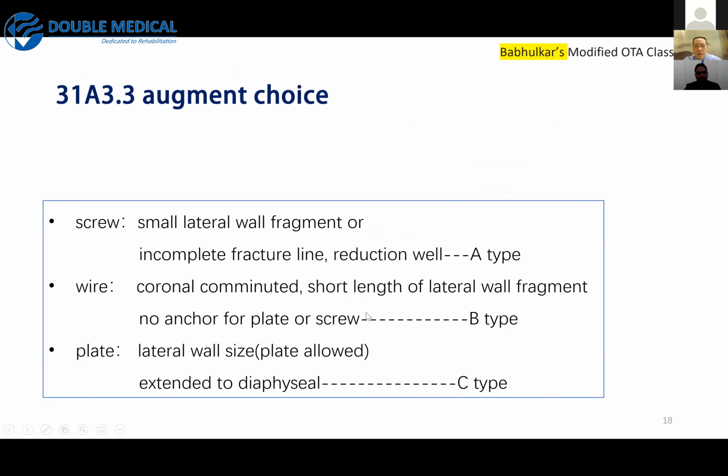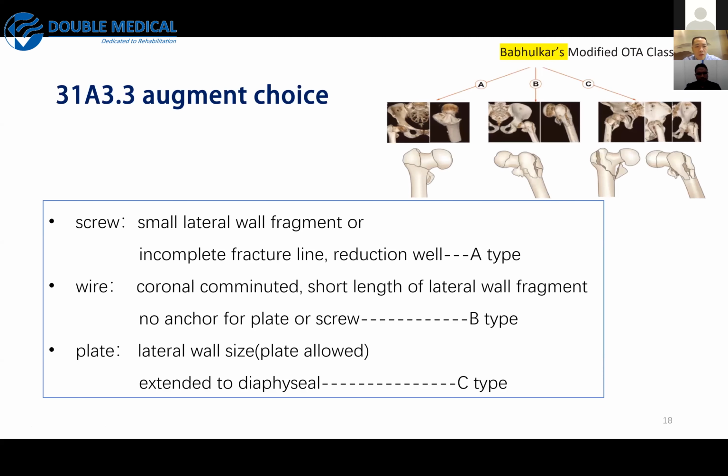We recommend you can use these three tools according to the Barber-Harker modifying OTA classification. If the lateral wall fragment is very small or an incomplete fracture line and your reduction is good, you can use the screw.